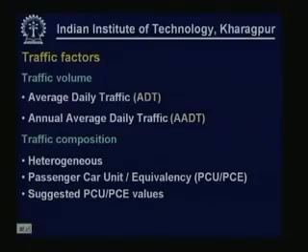We measure the traffic volume in 2 ways. One is called average daily traffic, we call it ADT. Another is annual average daily traffic, we call it AADT.